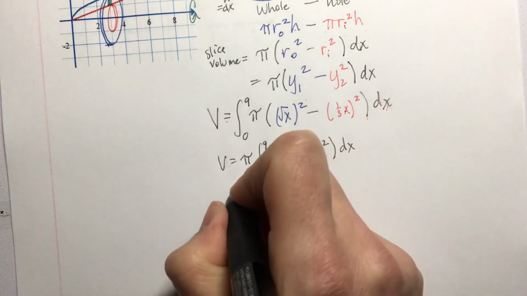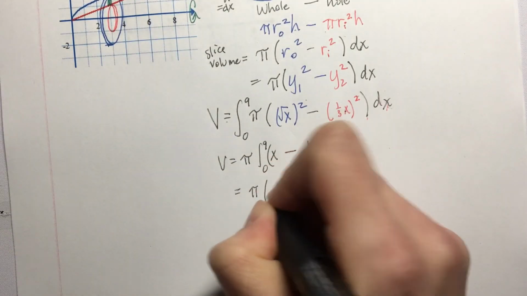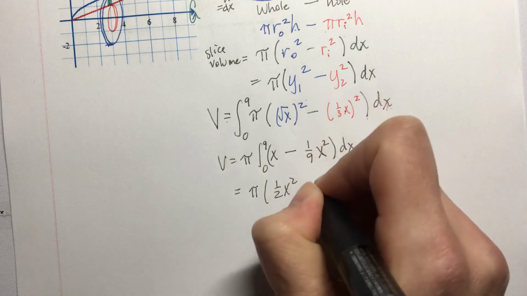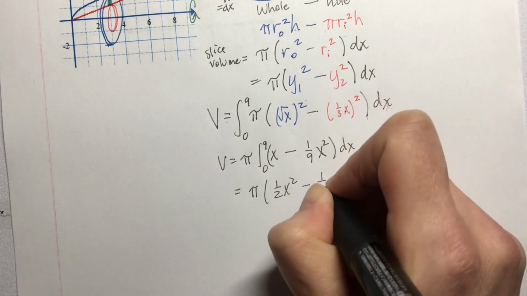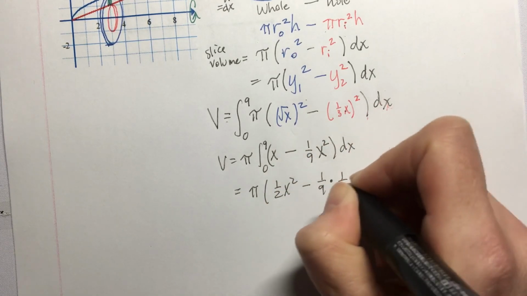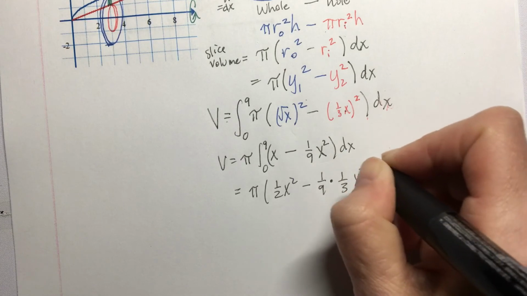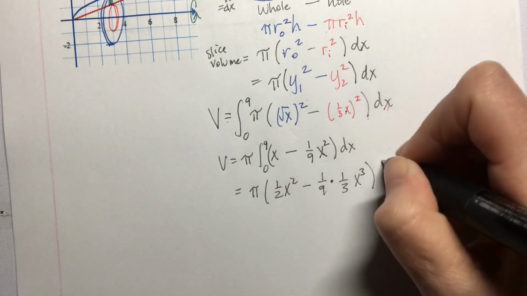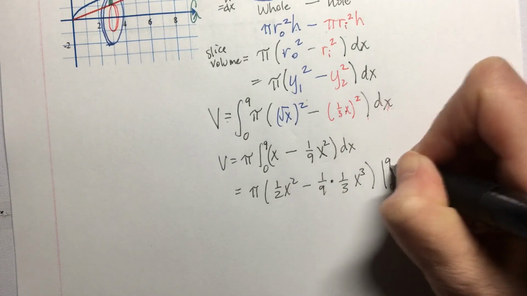We can integrate. So we have pi times 1/2 x squared minus 1/9 times 1/3 x cubed. I know I can write that as 1/27, from 0 to 9.